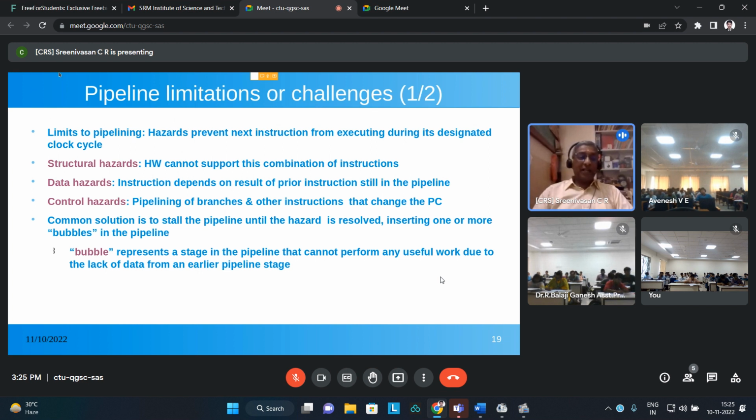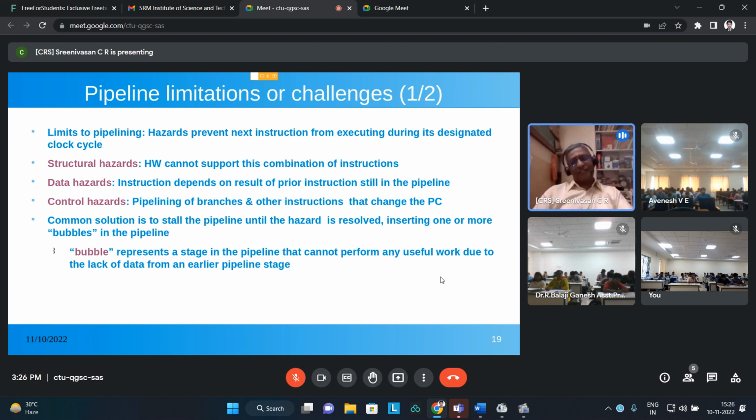The second one is the data hazards. An instruction depends on the result of the previous instruction. See, for example, if I want to prepare a cup of coffee, there are stages. First I need to prepare hot water, then I have to prepare a filter decoction, then I have to get milk and heat it up, then combine milk and coffee, then add sugar for the people who are not diabetic, and for those who are diabetic, do not add sugar.